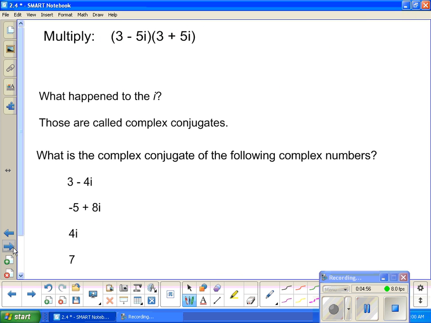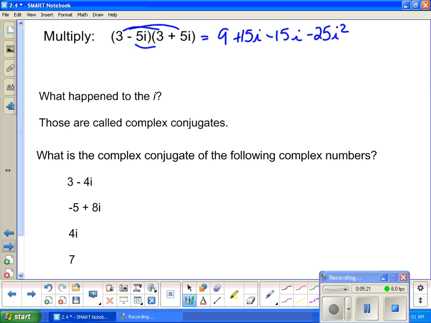Okay, so let's multiply 3 minus 5i times 3 plus 5i. So that's 9 plus 15i, distributing, minus 15i, minus 25i squared.